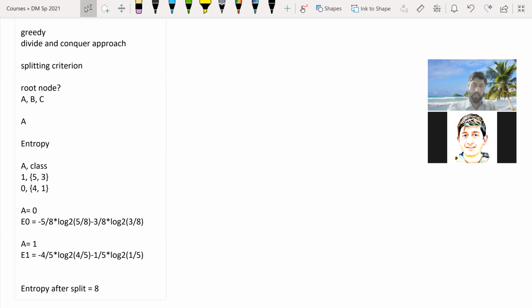Weighing by size, it is 8 over 13 into E0 plus 5 over 13 into E1. So this is the entropy after the split.